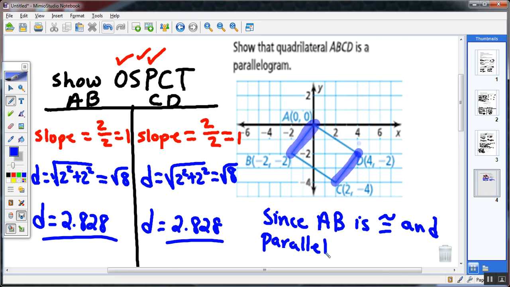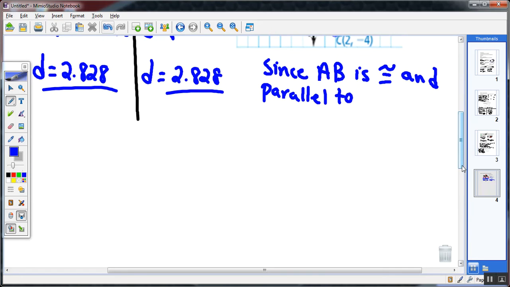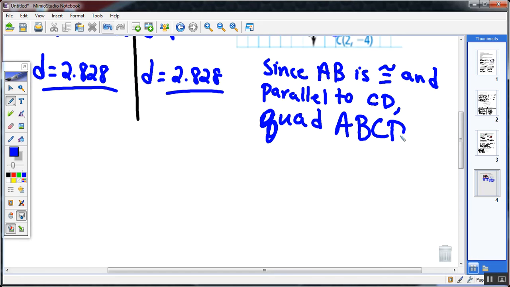Opposite is congruent and parallel to what? To which side, kids? Okay, I'm going to say quadrilateral. Quadrilateral, I'll abbreviate it quad. Quadrilateral ABCD must be what?